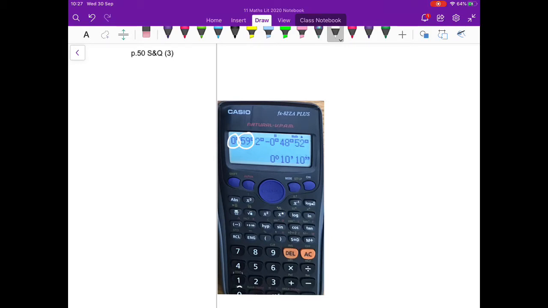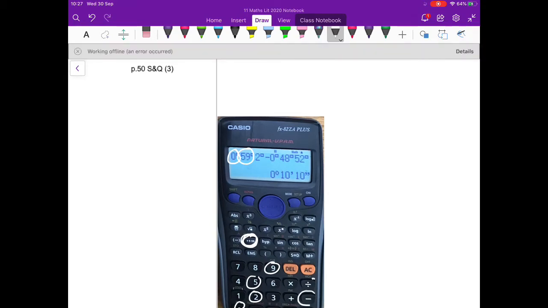So you would go 0 time button, 59 time button, 2 time button. Then you would subtract, and you would do the same with 0 hours, 48 minutes and 52 seconds, and you press your equals and you will get 0, 10, 10.